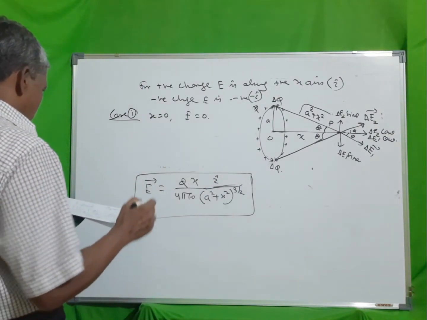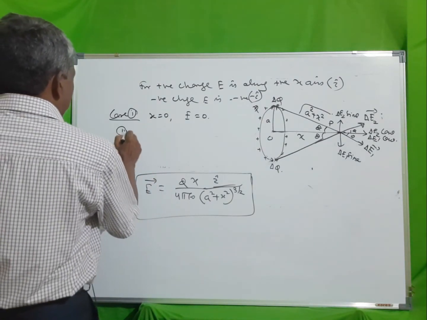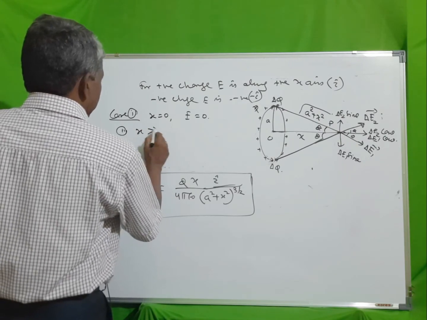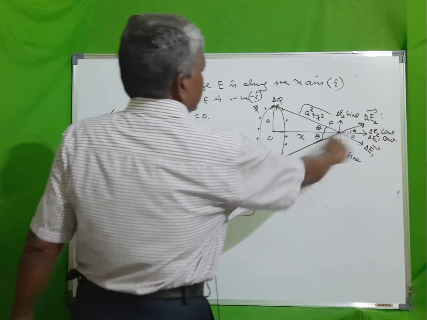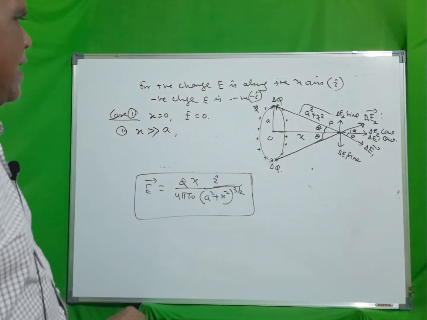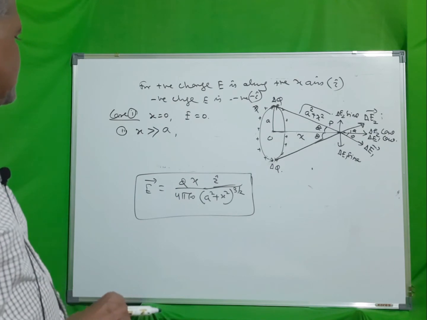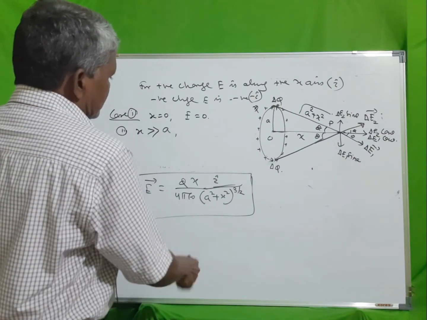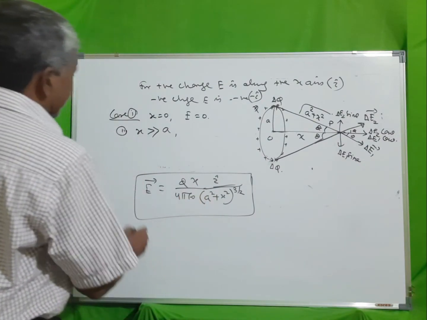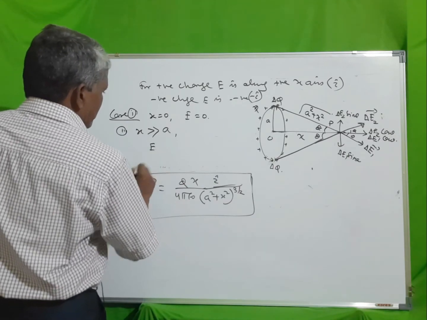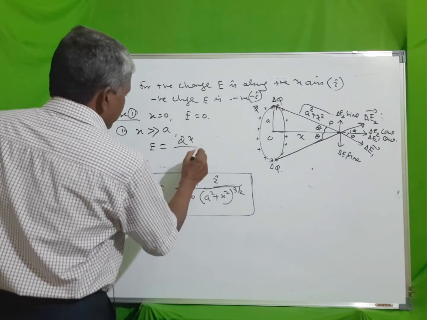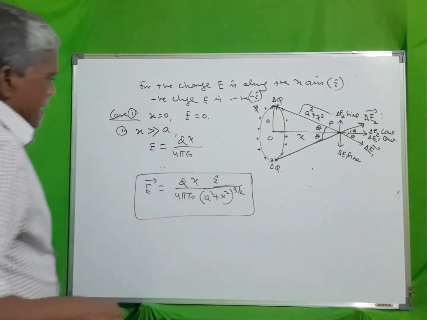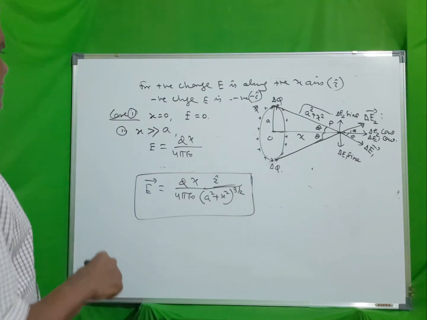Case 2. If x is much greater than a, suppose x is more and a is negligible in comparison, the distance is more in comparison to a, then a can be neglected. That is E is equal to Qx by 4 pi epsilon 0 x cube.